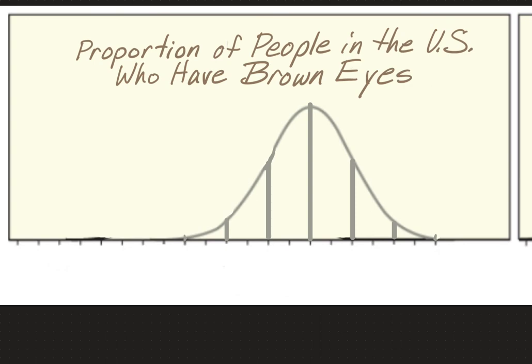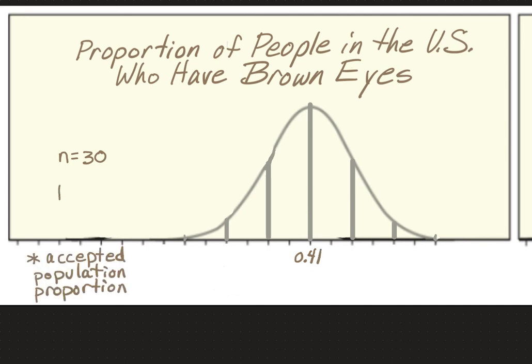Let's talk about what happens if we take samples of a certain size. Say the size that we have said we need at least to do this reasonably. Take samples of size 30, and I take a sample, and you take a sample, and your classmate takes a sample, and we take lots of samples and get a sampling distribution. Well, it happens to be that the proportion of people in the U.S. who have brown eyes is 41%, or 0.41 is the population proportion.